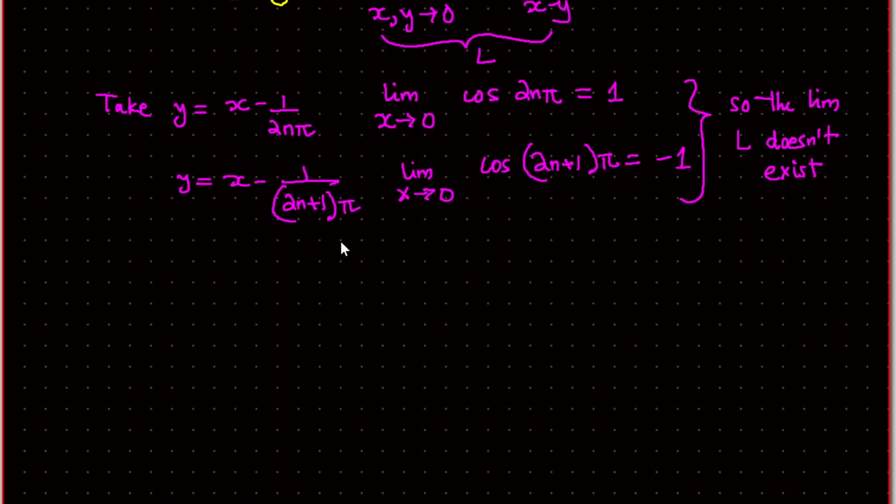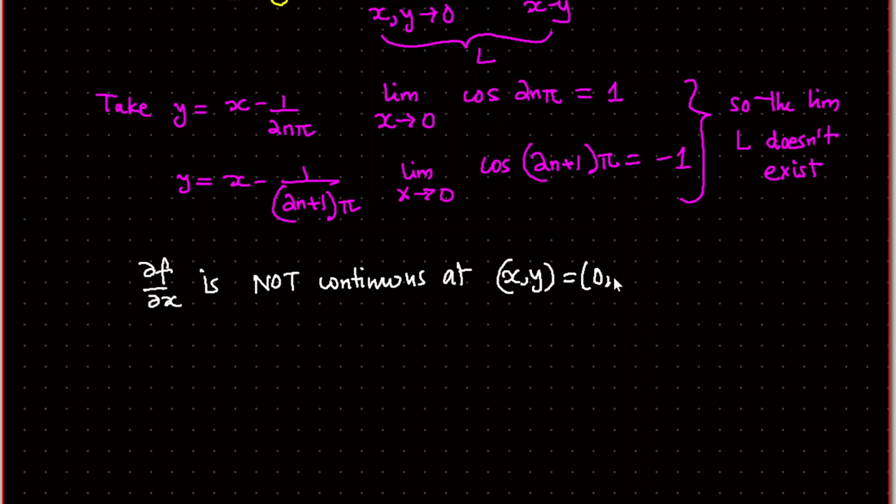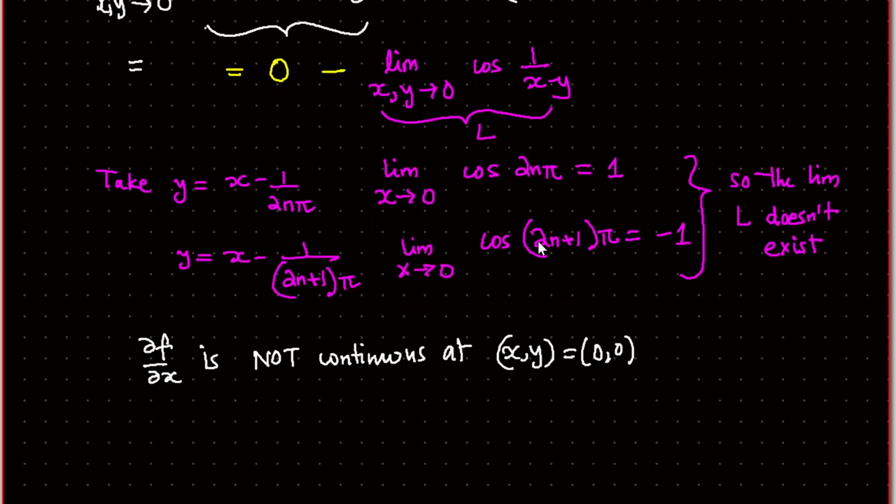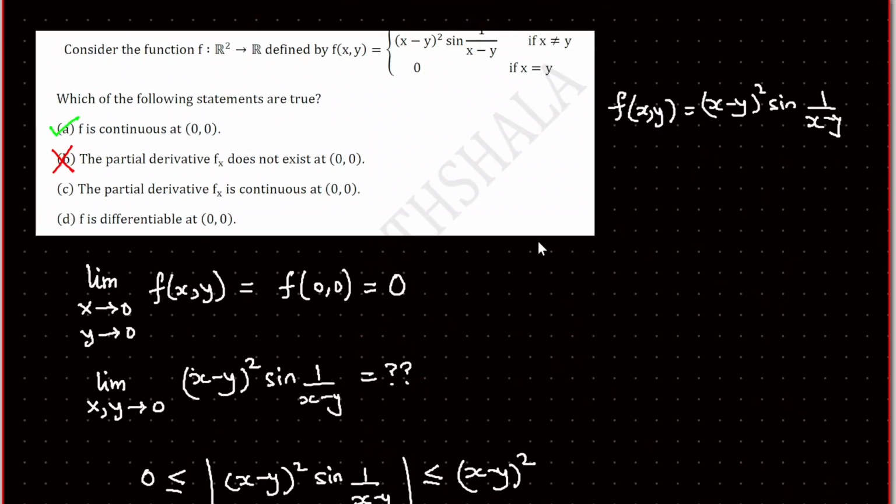We have that the partial of f with respect to x is not continuous at (x, y) equal to (0, 0). Okay. So again the option is wrong.